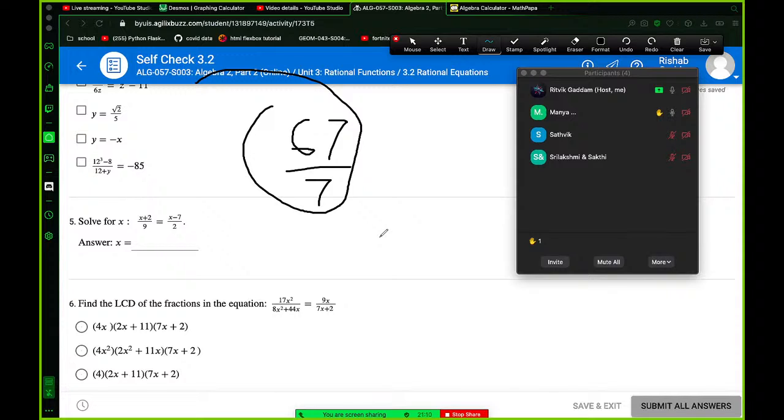I can't find the first step on my paper. There are too many steps. I think the first step would be to multiply both sides by 18. Did you do that?